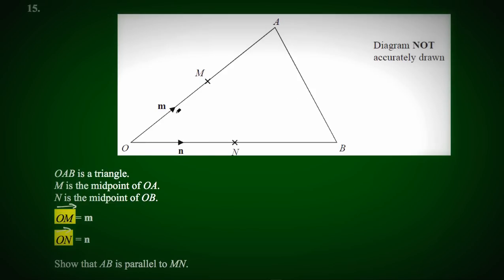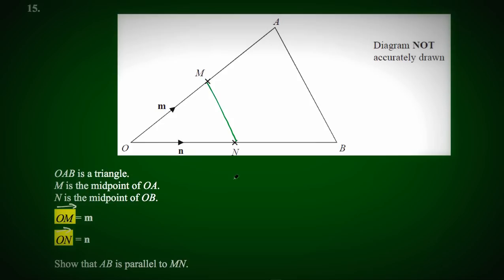So if I just draw in what MN looks like in here, and we're saying that line AB is parallel to MN, I need to work out a vector for AB and a vector for MN and show that one is a multiple of the other.